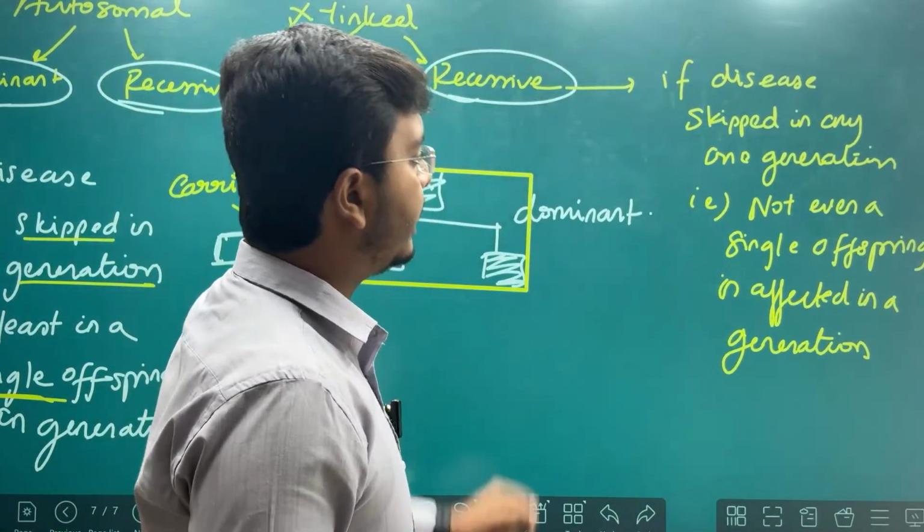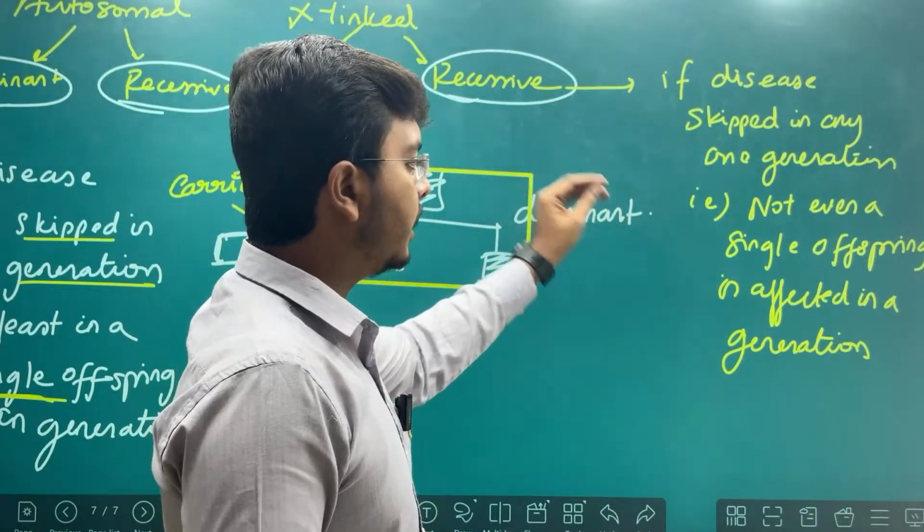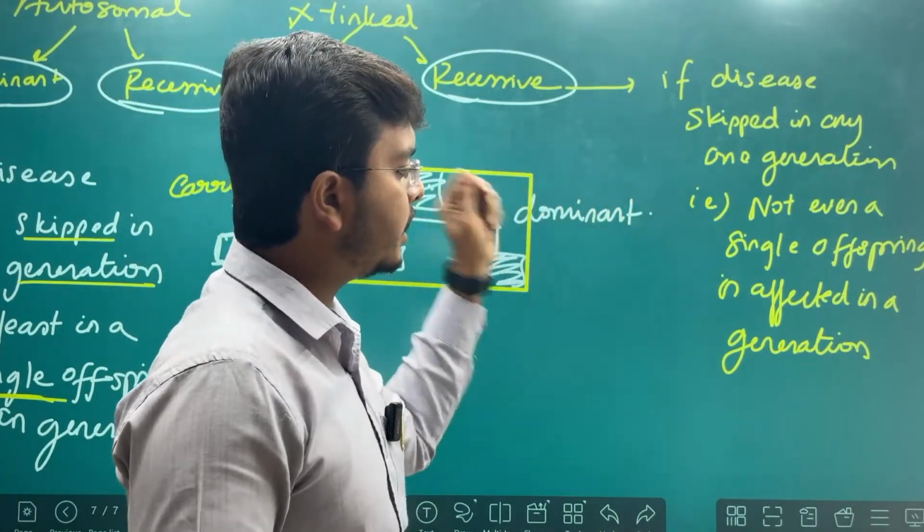If disease skipped in any one generation, not even a single offspring is affected in a generation, then it is called recessive.